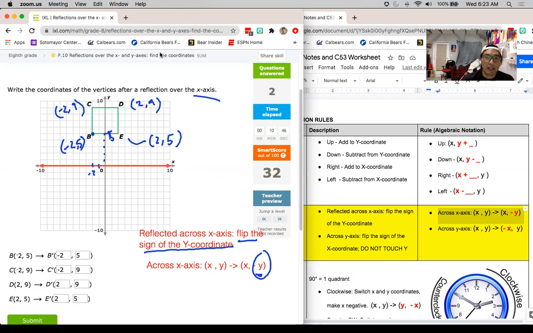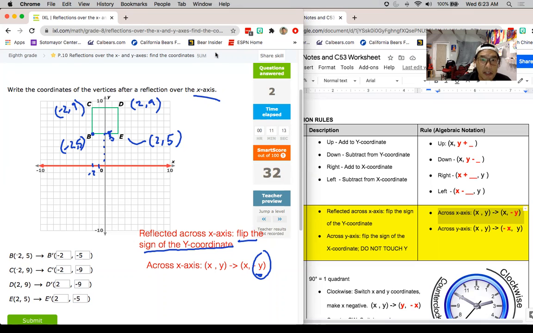So I'm going to go in here, and here are all my y-coordinates, 5, 9, 9, and 5. And all of these just become negative. I take every single vertex, and it's now -2, -5. 1, 2, 3, 4, 5.